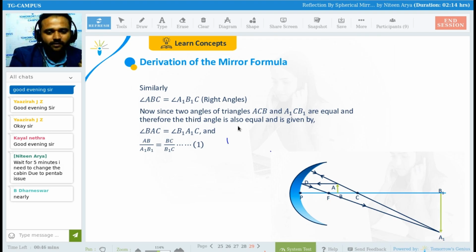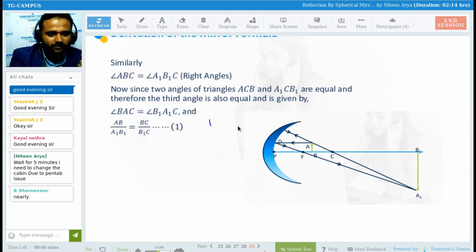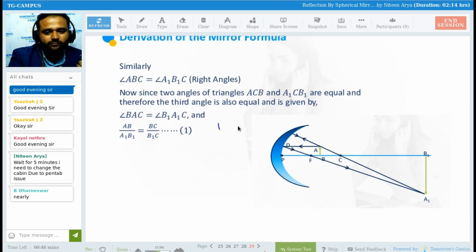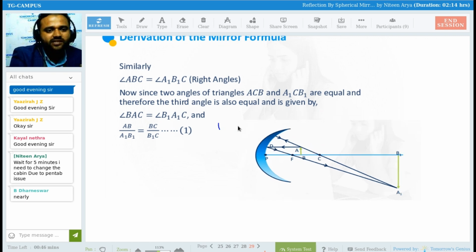Similarly, triangle ABC. Okay, where is triangle ABC? Yeah, this is your triangle ABC. As you can see now, triangle ABC and A1B1C1 are both right angle triangles, and they are similar to each other.